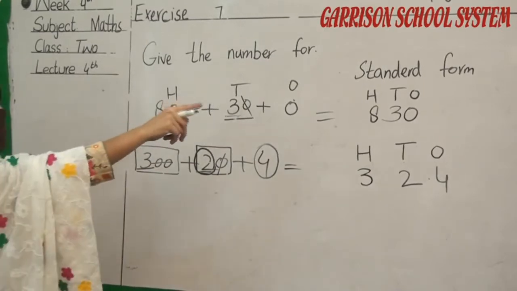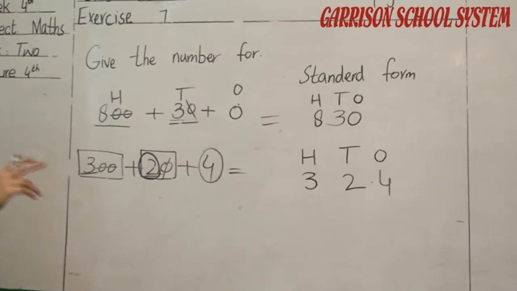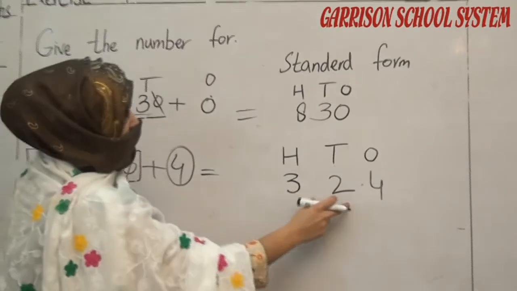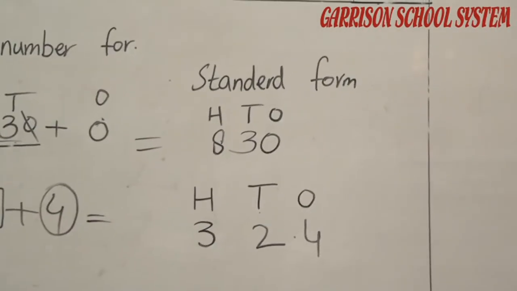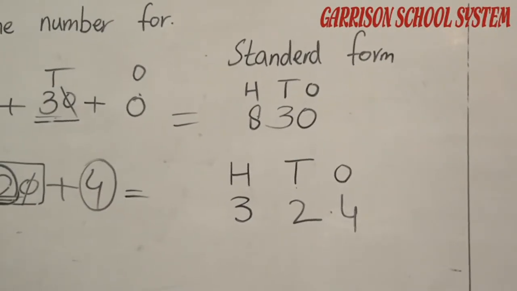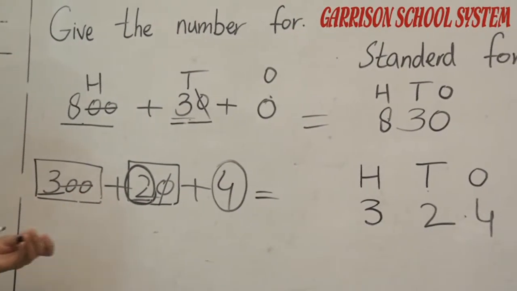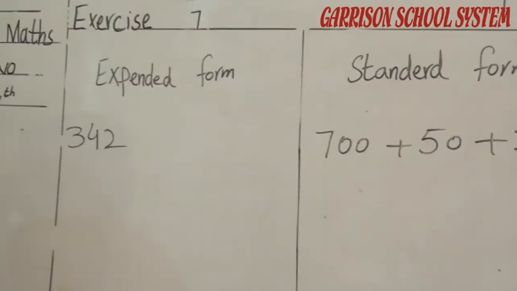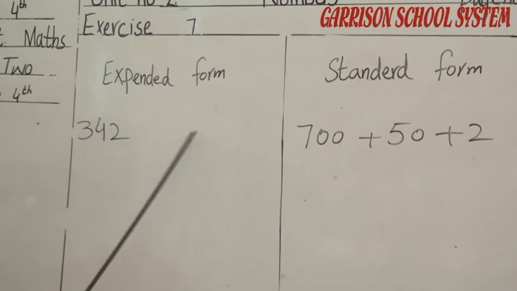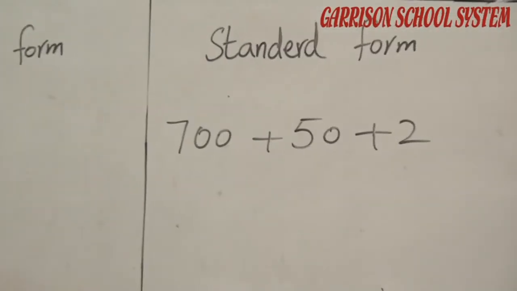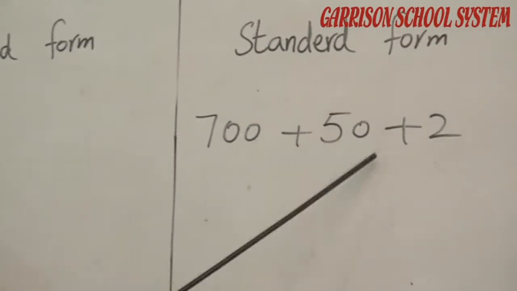Okay students, this is called standard form. In standard form, we have to combine these numbers, write these numbers together, and skip the 0 here. Look at the board. Here is expanded form and standard form. First, we solve our sum into expanded form, then we solve our sum into standard form.